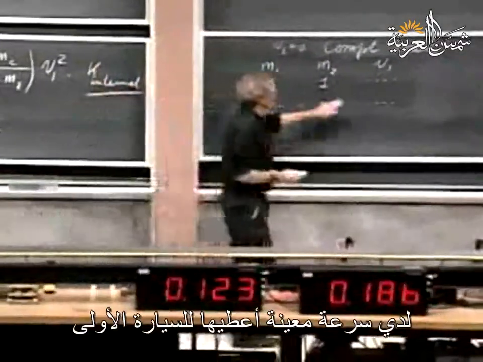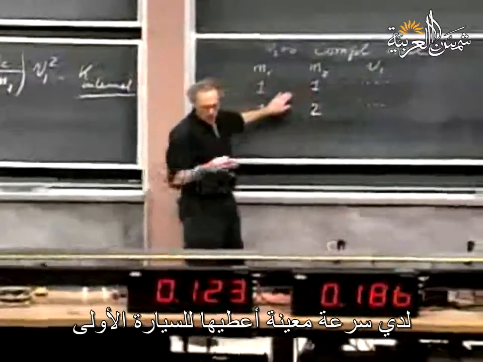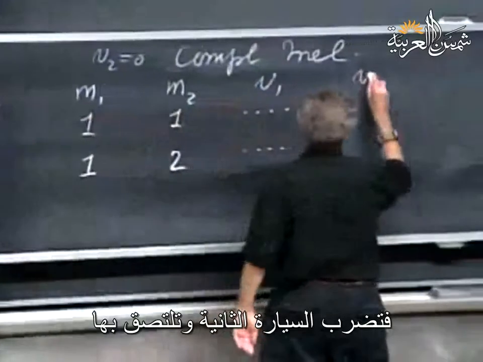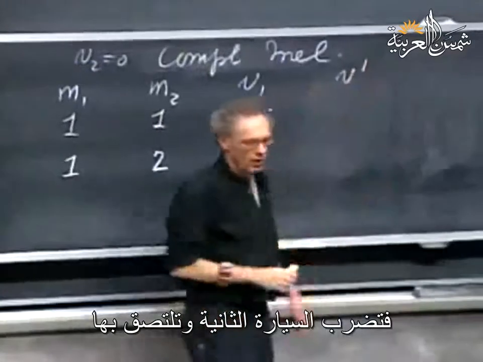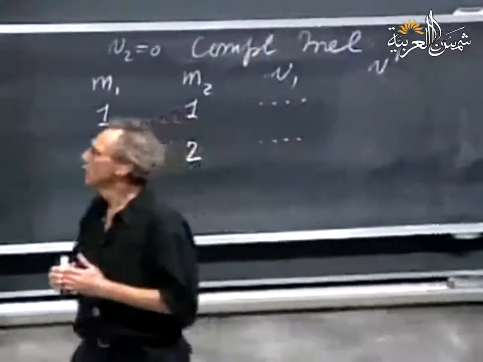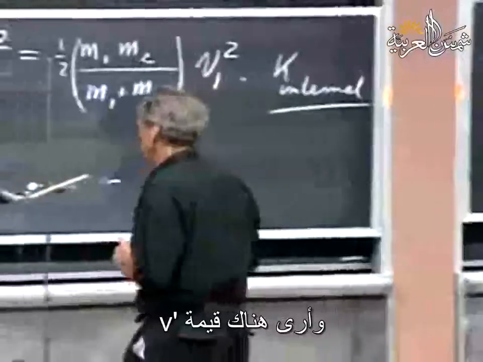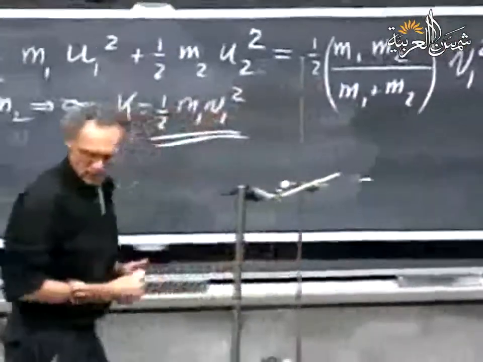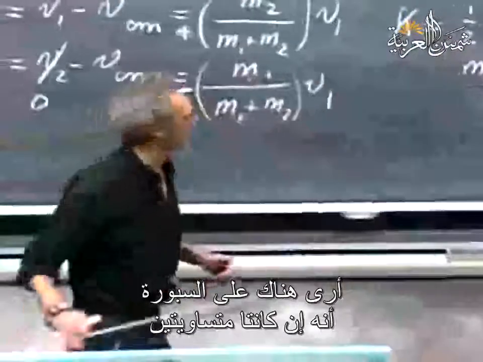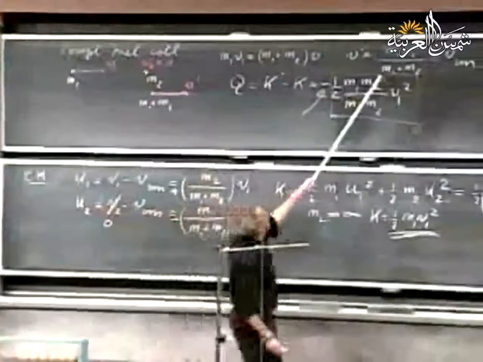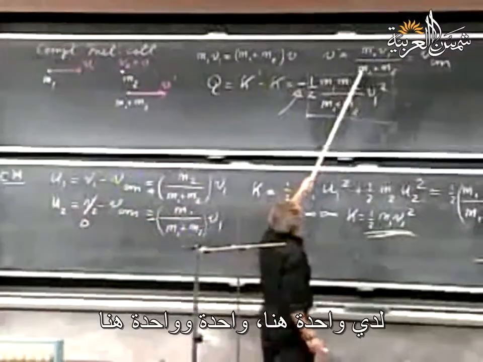I get a certain velocity which I put into the first car. It hits the second car and it gets stuck. And I see there what my V prime is. I see there on the blackboard that if the two masses are the same, I have a 1 here, a 1 and a 1 here.